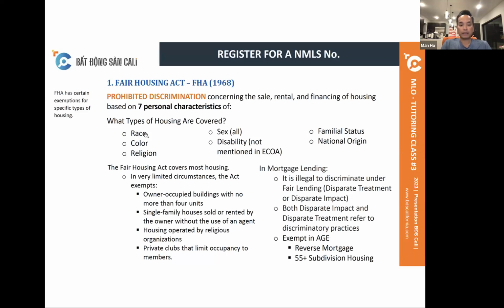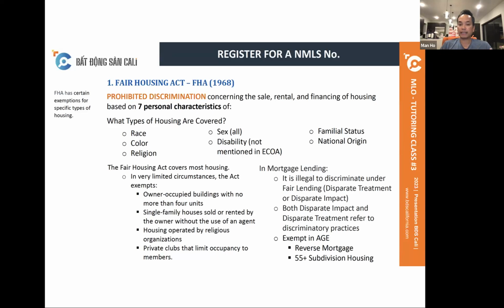Single family house. Sometimes there is a structure, a home that's dedicated to a certain religion, and the owner says I'm going to sell this to this religious group. This act won't be affected by that decision.